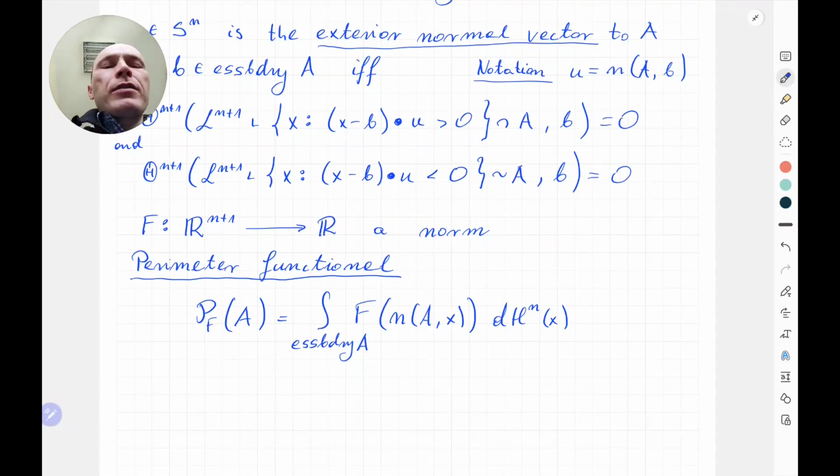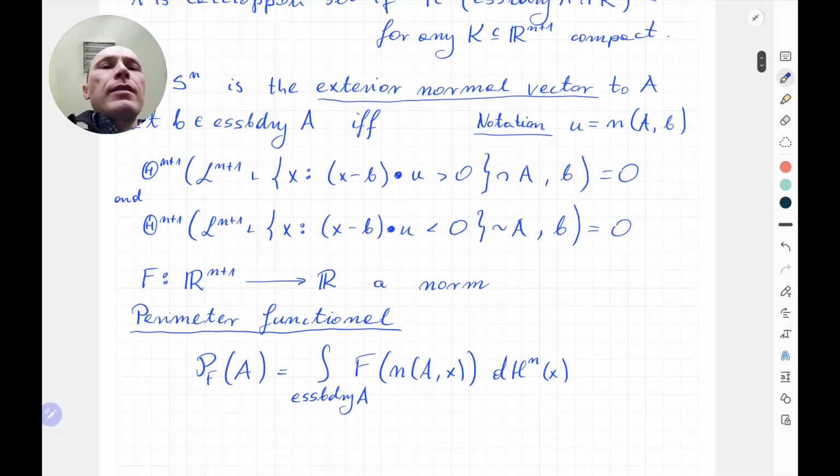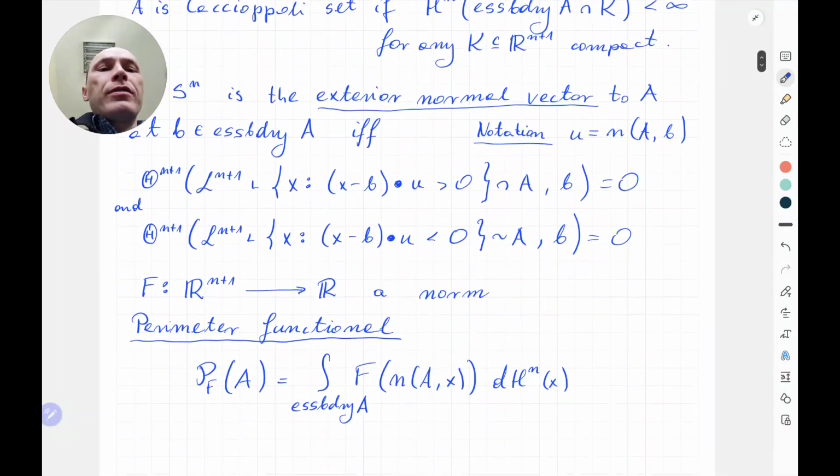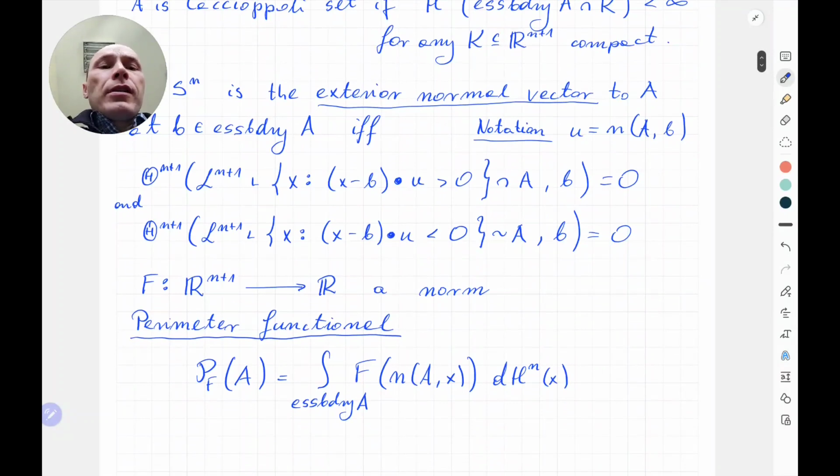So the perimeter functional just integrates the non-Euclidean length of the usual Euclidean normal vector along the essential boundary of A. In case F is the Euclidean norm, this is clearly the usual perimeter functional, so this will be simply the measure of the essential boundary of A.